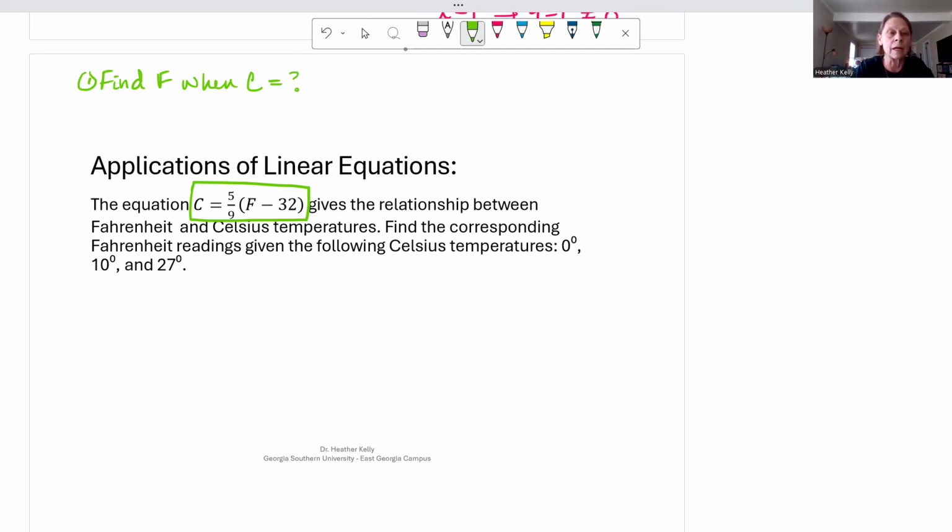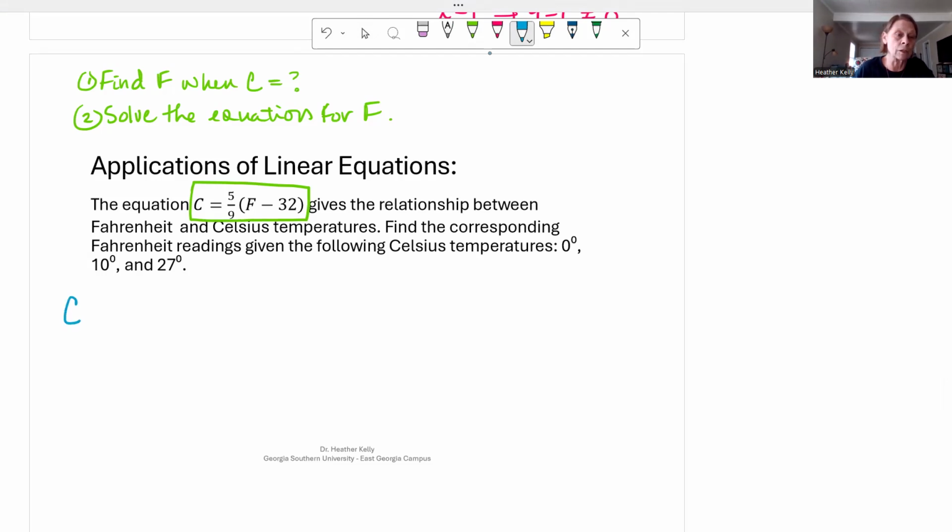That makes sense. Now, in this situation, since we're looking to find F when we're given C, we need to solve the equation for F. Right now, this equation is solved for C, and we need to take this equation and turn it around and solve it for F.